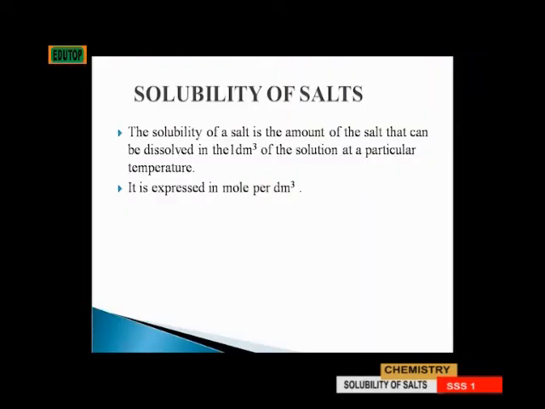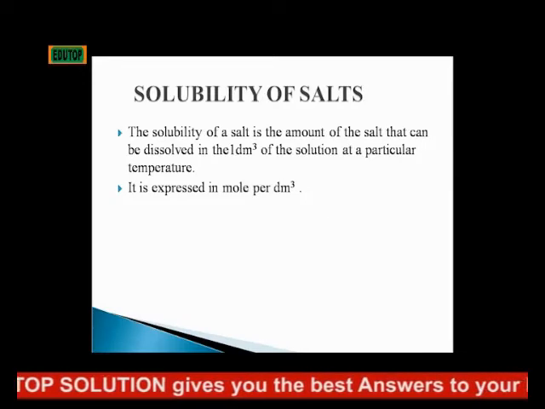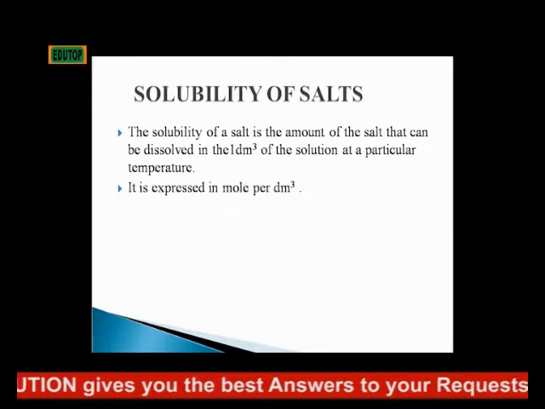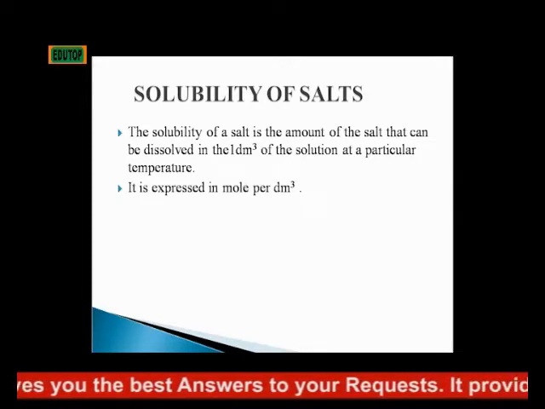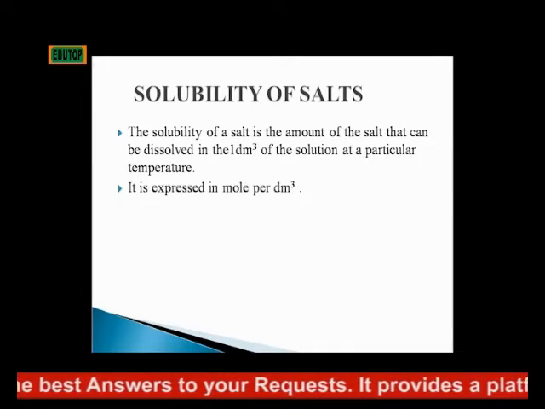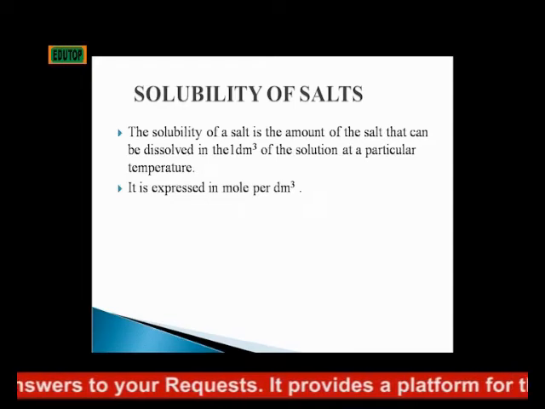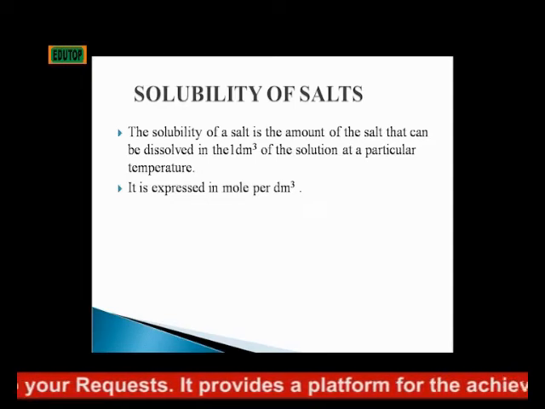Solubility of salts. What is solubility? The solubility of a salt is the amount of the salt that can be dissolved in 1 dm cube of solution at a particular temperature.